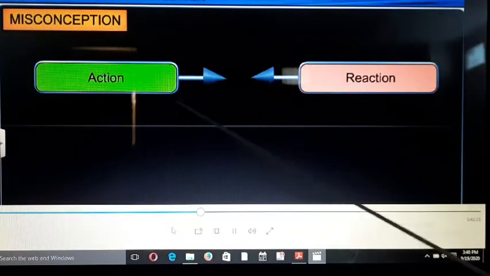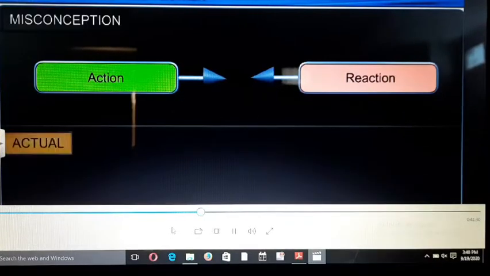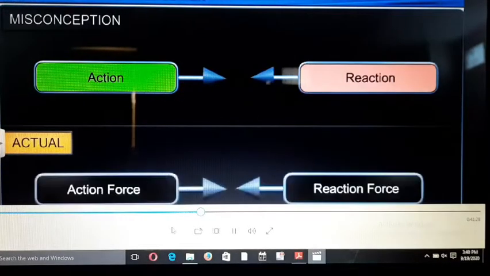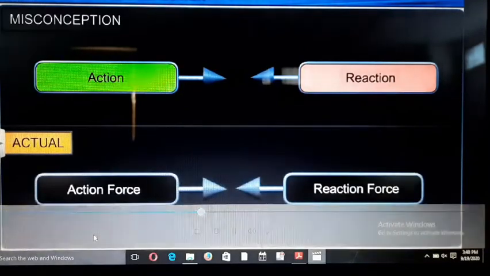Look here, this action and reaction are of the same magnitude.